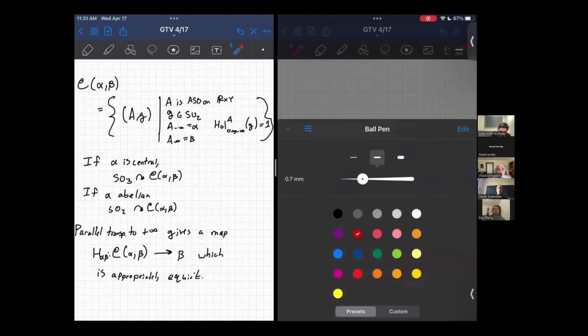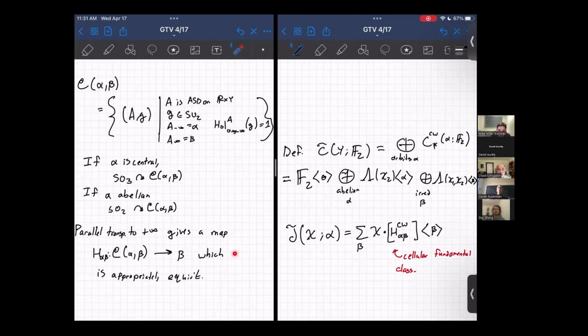Now, the subtlety here is if I hand you a map which comes in from some natural space appearing in nature, it's just not a cellular map. We have to prove cellular approximation results for that kind of thing. And here there's some additional difficulties because the boundary of these moduli spaces should break up in an expected way in terms of broken trajectories factoring through other irreducible flat connections.